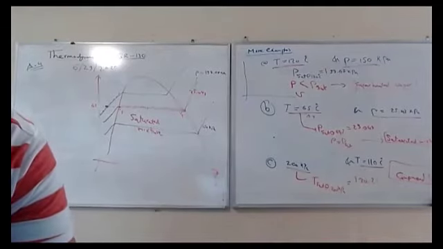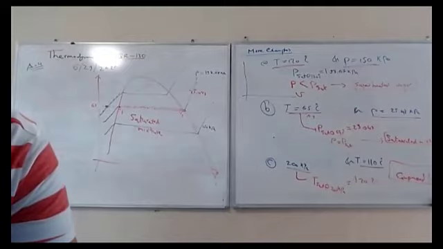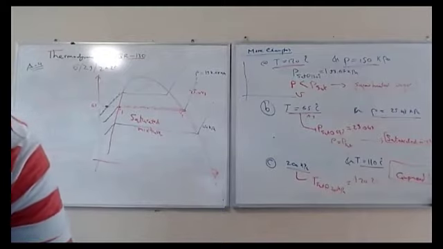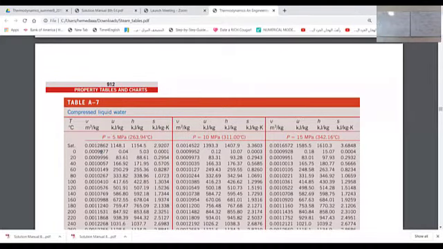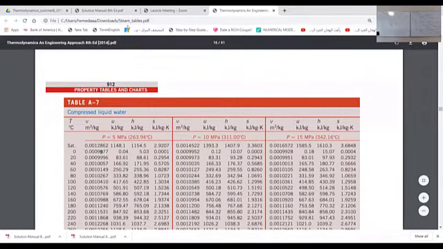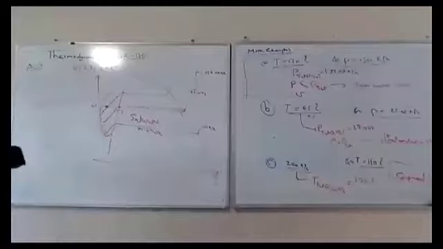Would you please go back to table A7? Open the steam table. I'm going to share it with you guys. This table is called compressed liquid water. This means I have data for this region, the compressed liquid region.